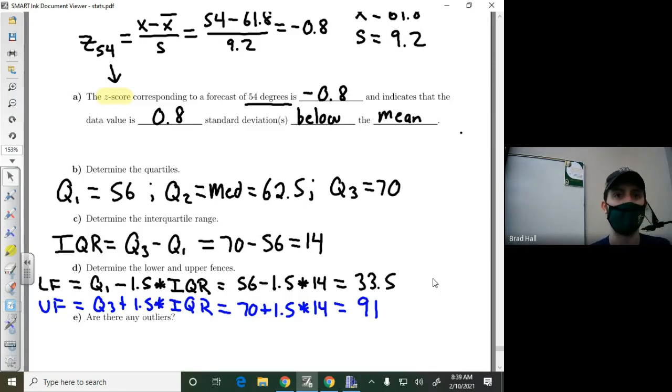So basically what they're saying is a temperature less than 33.5 degrees or higher than 91 degrees, considering this data set, would be very unusual.